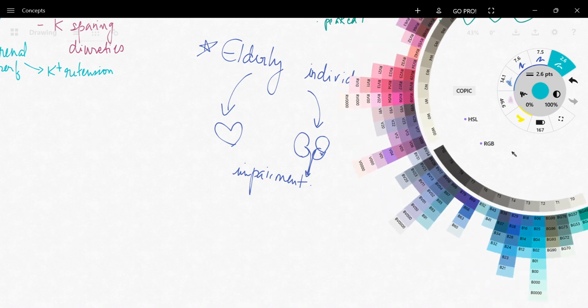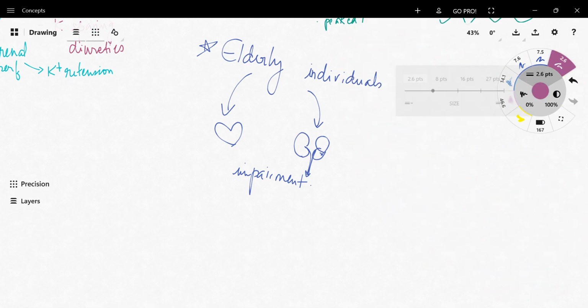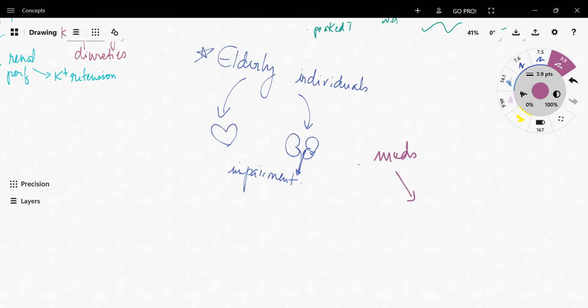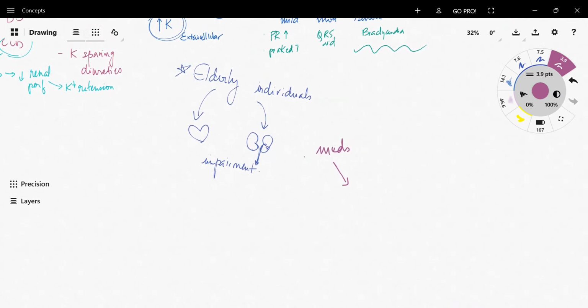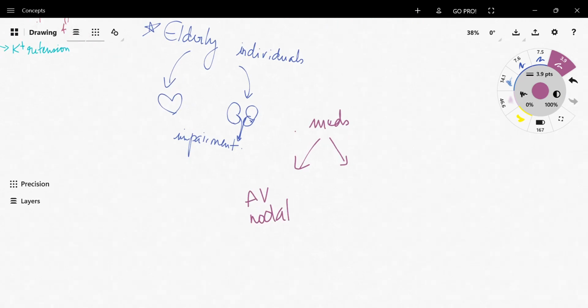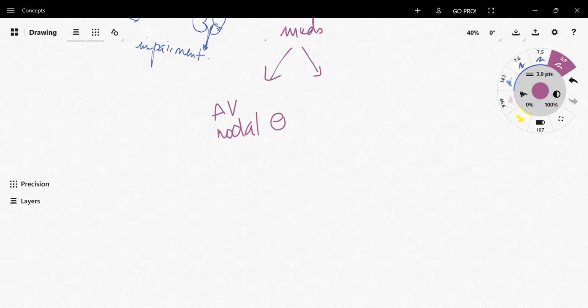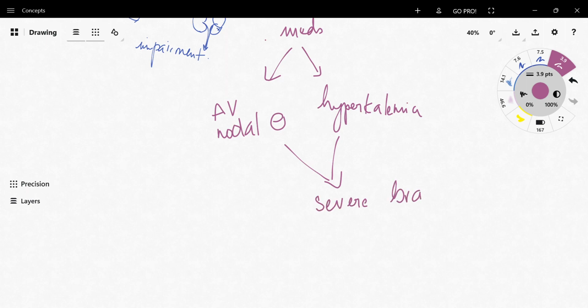Okay, let's do this. So what happens with BRASH is you have your medications, right? They cause AV nodal blockade, and they cause hyperkalemia, right? And that causes severe bradycardia.